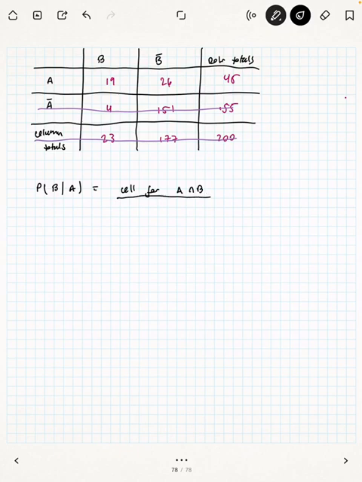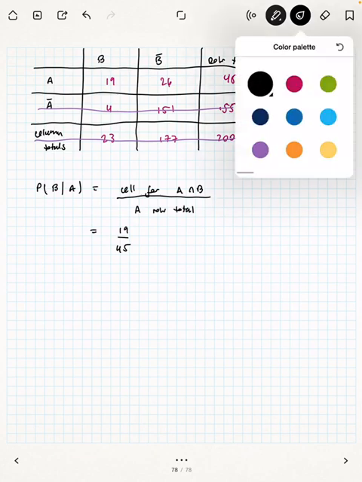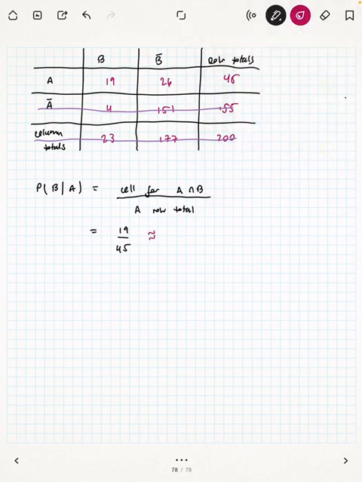And we're going to take that out of the A row total. So in other words, we're looking at 19 out of 45, which, if you want to write that as a decimal number, 19 divided by 45 is approximately 0.4222. Remember, 4 places after the decimal if you want to be precise. And we're going to stick to that.